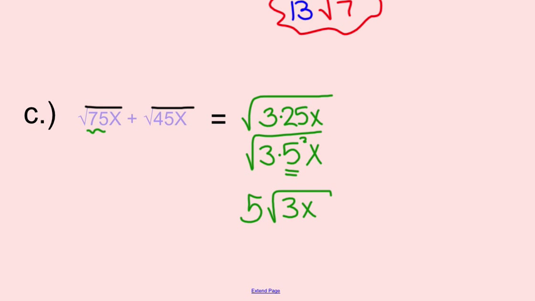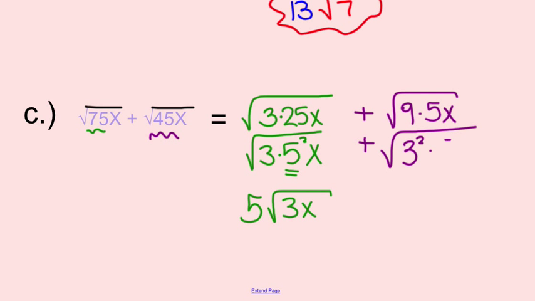All right, let's break down this one, 45x. 45 can be broken down as 9 and 5. And then you can break down 9 as 3 times 3. And then 3 will come out in front.